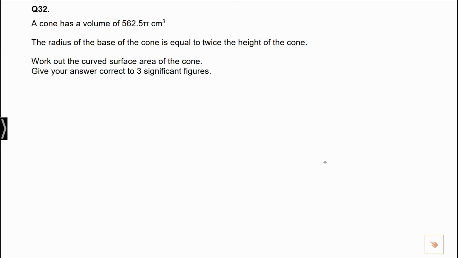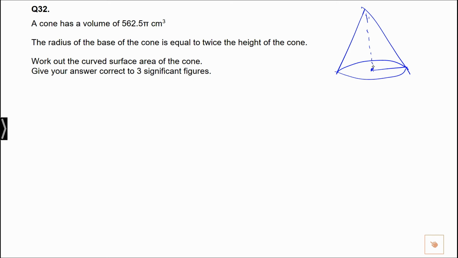And then we're required to find the curved surface area of the cone. So let's just start by sketching the cone. For this cone, let's say that's the height and that's the radius.